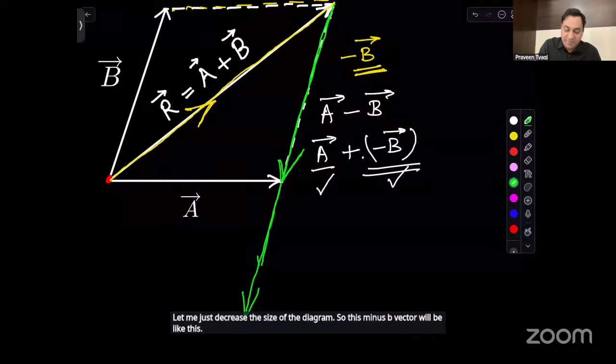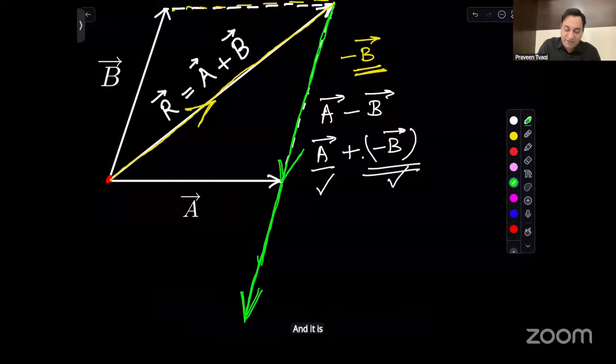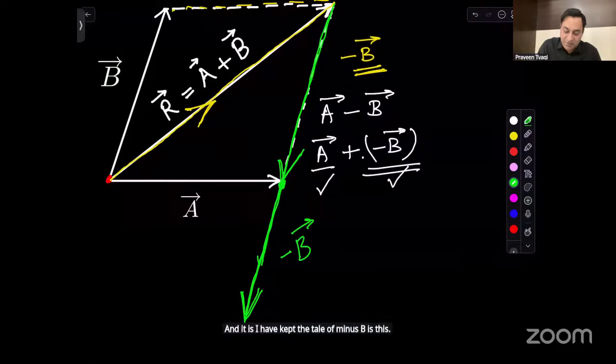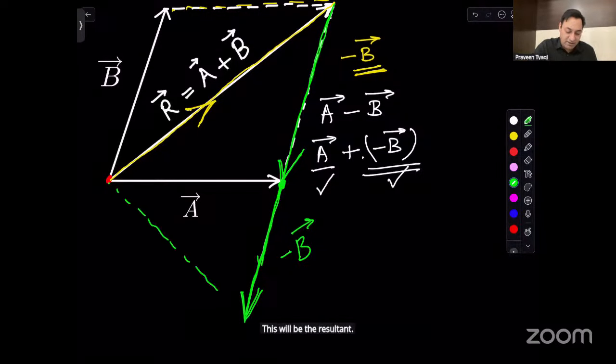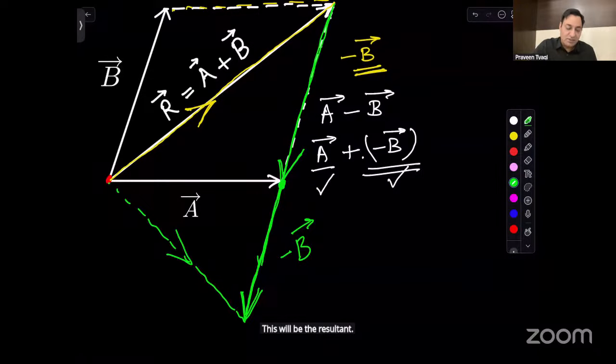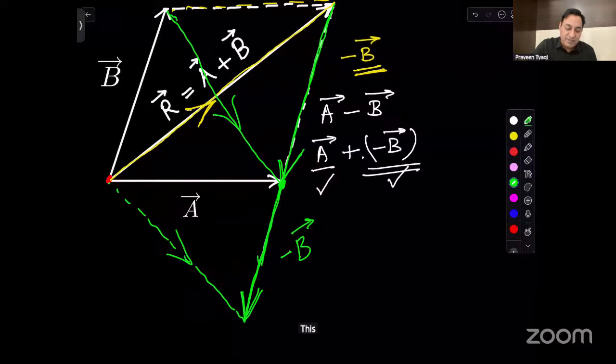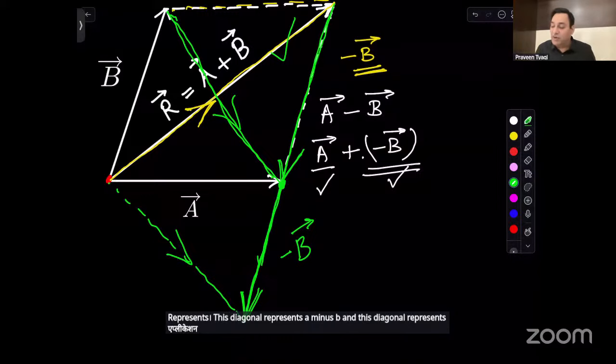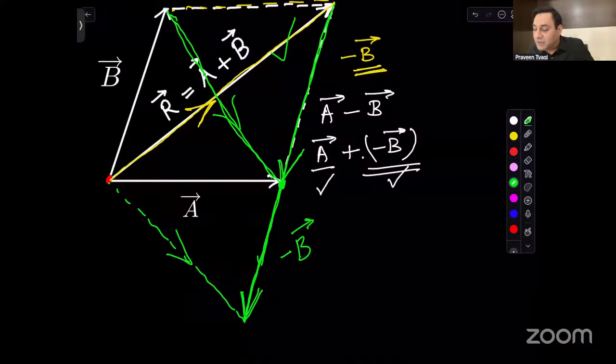I have kept the tail of minus B on the head of A. And now if I add these two vectors, this will be the resultant. So this diagonal represents A minus B, and this diagonal represents A plus B. Please be careful and attentive.